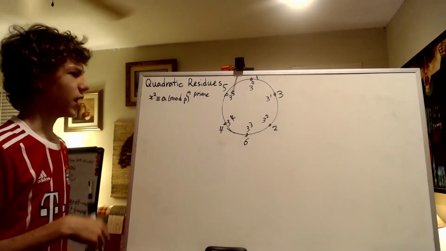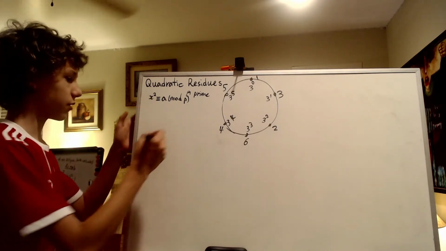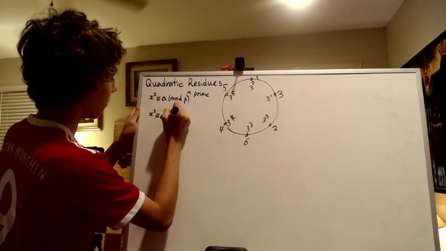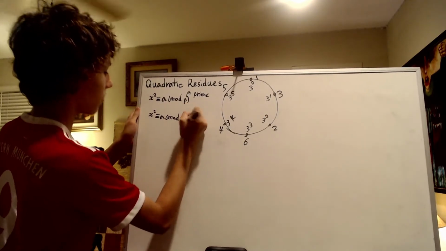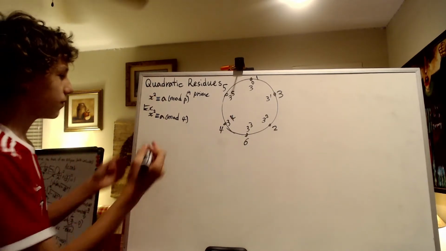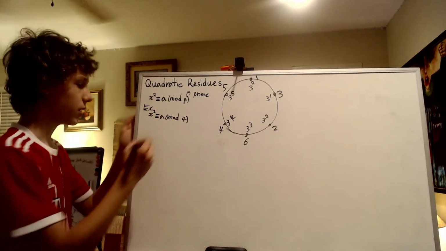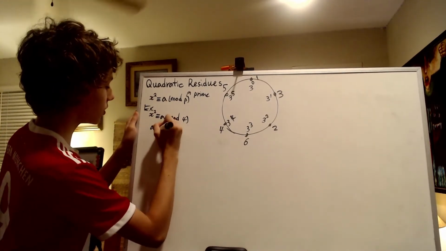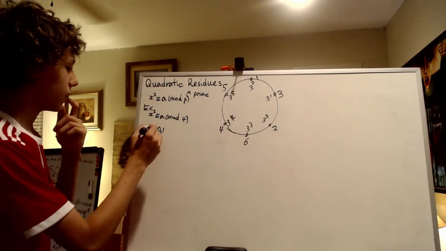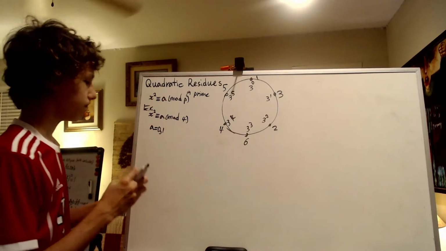So for example, and this is showing you that P does not necessarily have to be a prime when we're dealing with quadratic residues, if we consider x squared is congruent to A mod 4, and 4 is not a prime number, then we know, and it's easy to show, that A can only equal 0 and 1. So 0 and 1 are all quadratic residues mod 4. And I'm using the equal sign here because A is a residue here.